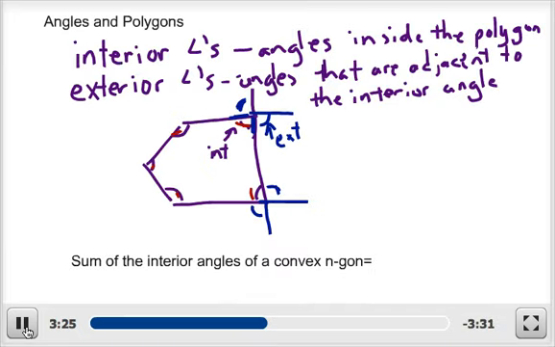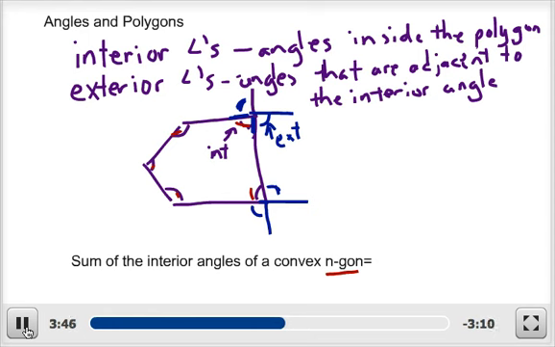So the sum of the interior angles of a convex n-gon. Well, what does n-gon mean? N is just saying it could be any number of sides, but whatever number of sides it is, that number is n. So for example, if we had a four-sided figure, n would just be 4 then. N is just the number of sides. So let's go ahead and figure it out here.